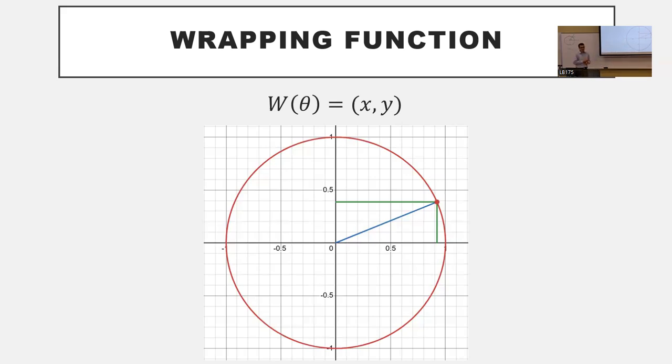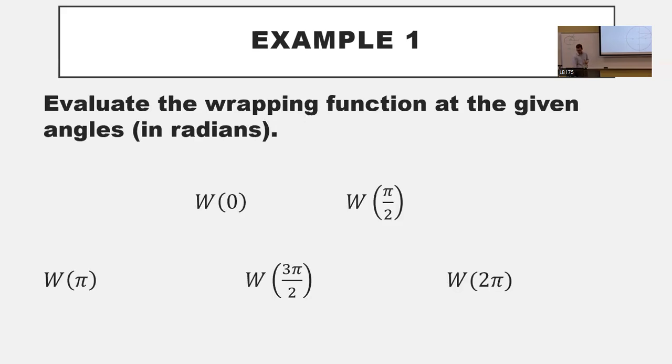So if I input an angle, I should be able to find an ordered pair, at least for some of these. So for instance, what is the wrapping function when I input 0? Now we can input either in radians or degrees. Right now we're inputting in radians. Do I follow that? So 0 radians.